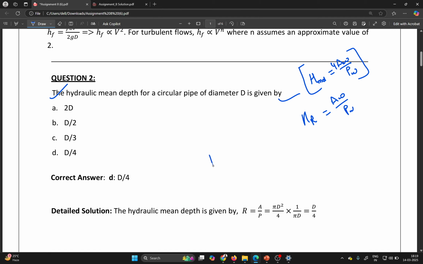So hydraulic mean depth here is A by P, meaning pi by 4 d square, the same formula as for hydraulic mean radius. Hydraulic mean radius is the same as hydraulic mean depth.